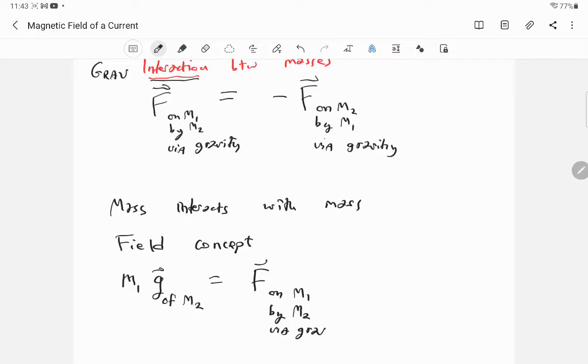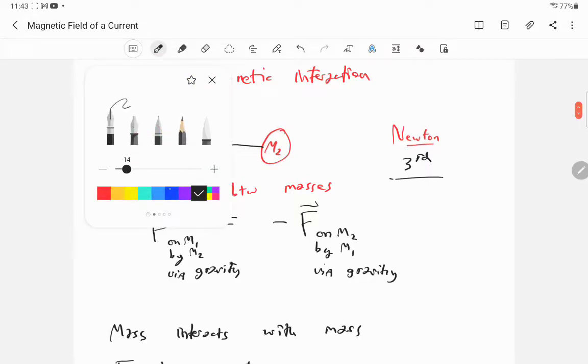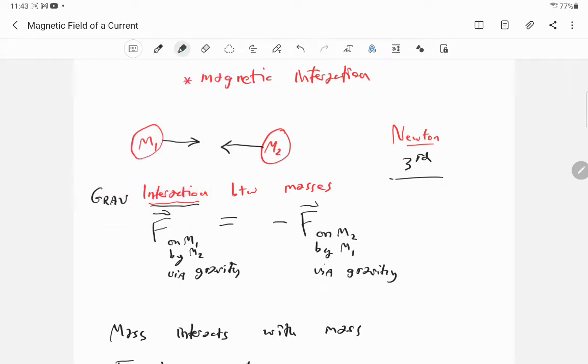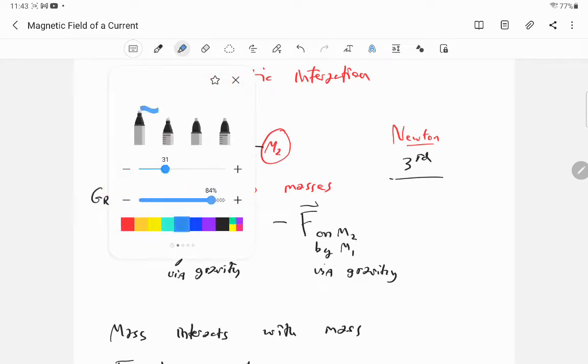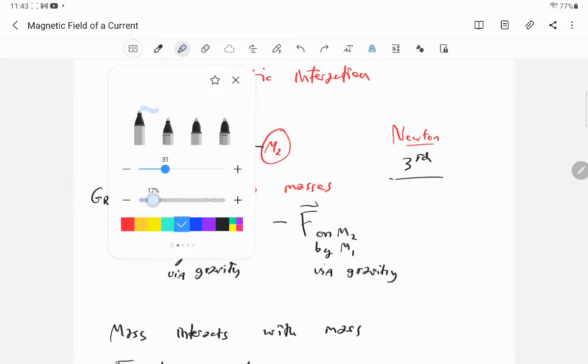So there is a gravitational field surrounding M2. Let me do it in this sort of vague way, with the opacity down.